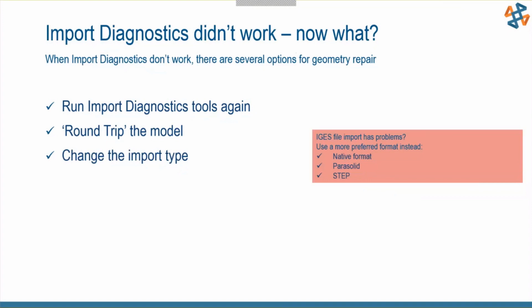So simply ask them, when they're going to send a data set over, send me 2 or 3 different options. Send me a parasolid, send me a step, send me a native. It sounds like I'm asking for a lot, but it's really just a couple of different options. It's simply file, save as, and any one of those might be the easiest one to use. So asking for a group of files is oftentimes the best starting point that most people could do right away to get a lot better results.